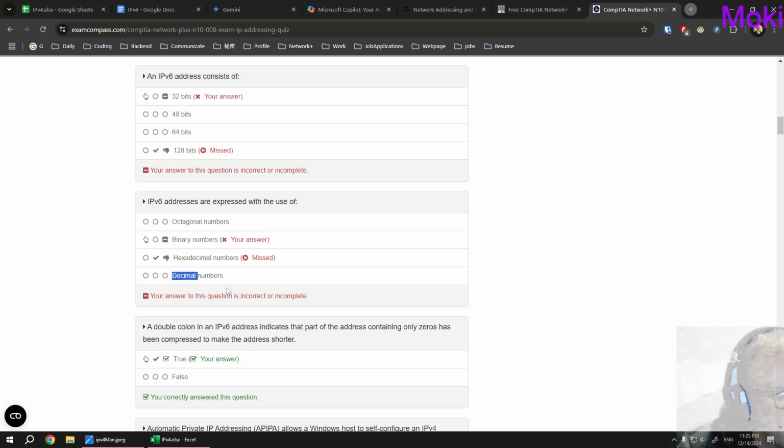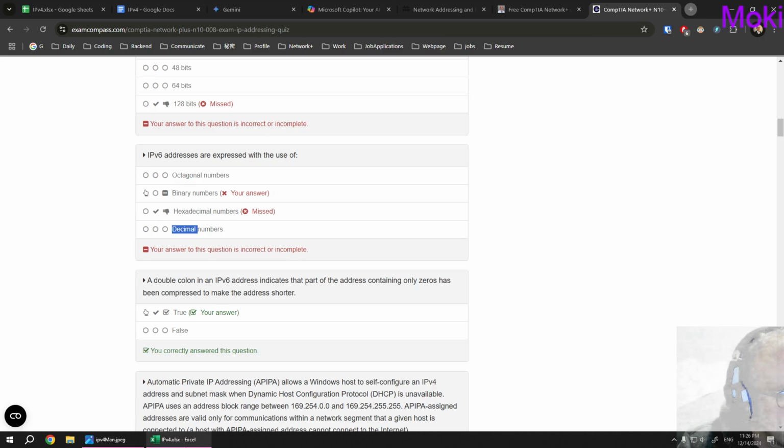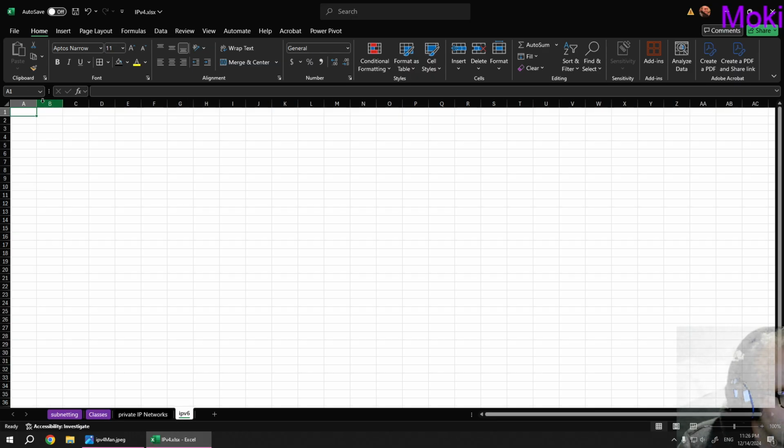Anyways, it's 0 to 15. 0 to 9 are numbers, and I can just write it out really quick: 0, 1, 2, 3, going vertical, 5, and then I got 15.